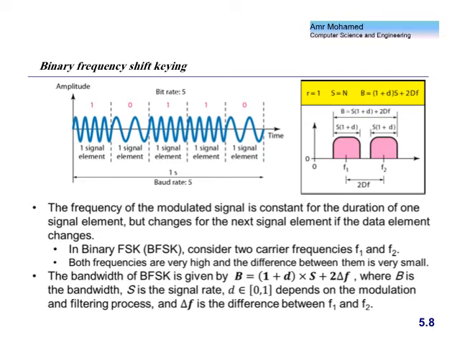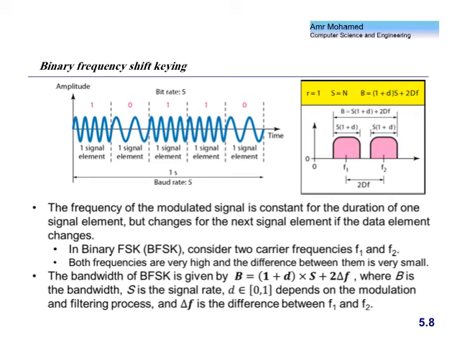So as we have discussed before in ASK, the bandwidth on each one, because each one is actually a sine wave, and R is still 1 because I'm interpreting each bit as a signal element.